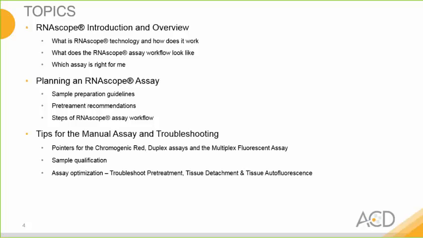In the third part of today's webinar, I will share with you some tips we have for manual assays and for troubleshooting. I'll give some pointers for individual assays and explain how you can achieve optimal results through the steps of sample qualification and assay optimization.